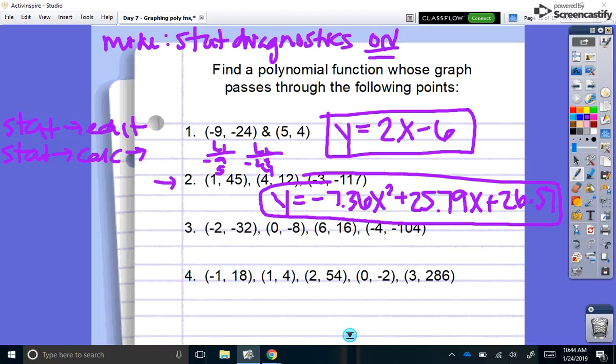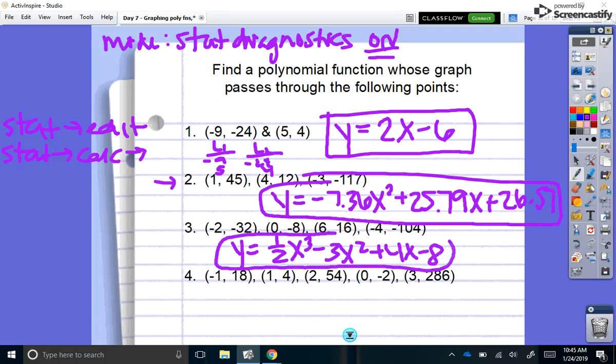So let's do stat, calculate, and try quadratic regression. My r squared is 0.98, so it's closer to 1, but let's see if we can get it at exactly 1. So do stat, calculate, try cubic regression, and I get an r squared value of 1. So y equals 1/2 x to the third minus 3x squared plus 4x minus 8.